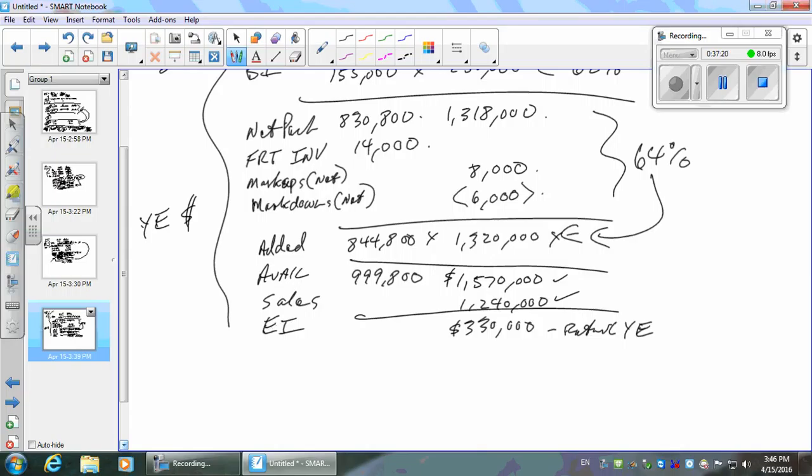Deflate it, right? So instead of year-end ending inventory, let's get base year ending inventory, right? How would I get there?